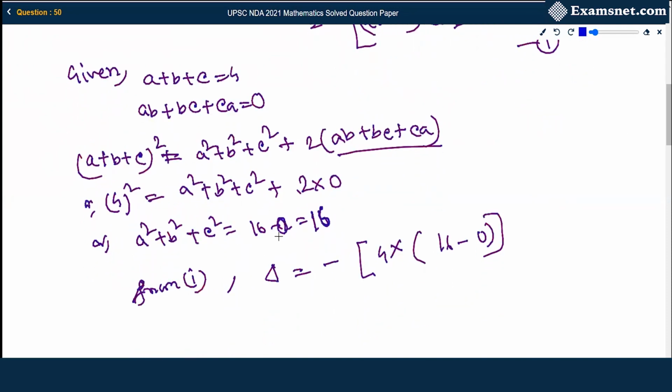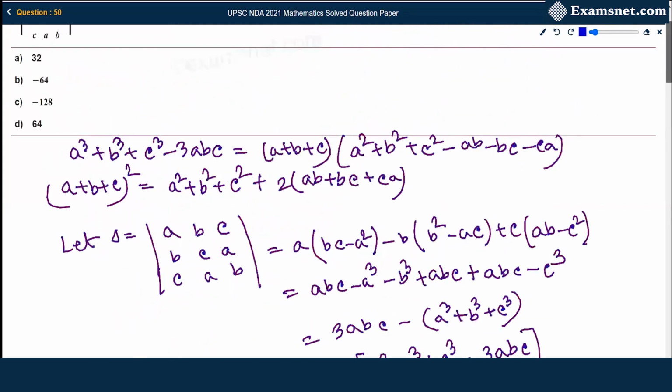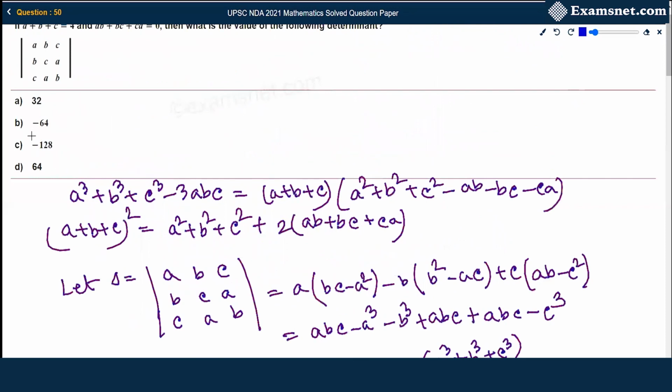Remember, it's not 2. 2 multiplied by 0 would give us 0. So 16 minus 0 equals 16, correct? So here 4 multiplied by 16 becomes minus 64. Minus 64 is the required answer. Let's check with all the options. Yes, option B is the correct one.